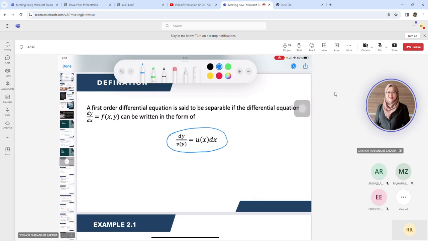So to classify or identify which type this form is, we need to prove it, either separable or homogeneous. So if you can write that DE into this form, we call it a separable equation or separable DE. Okay.